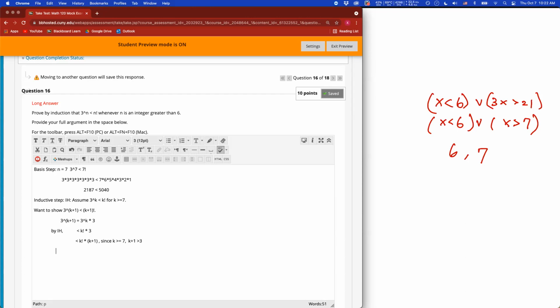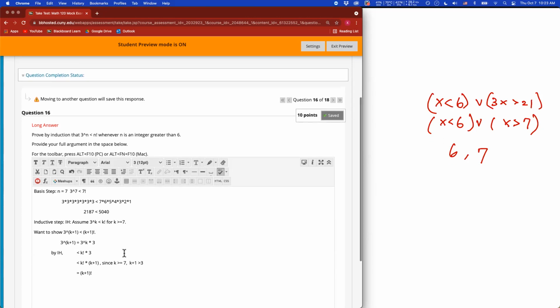And we have this k factorial times k plus 1, which equals k plus 1 factorial. So we show that 3 to the k plus 1 is less than k plus 1 factorial. Right, so this is similar to the example we did in class.